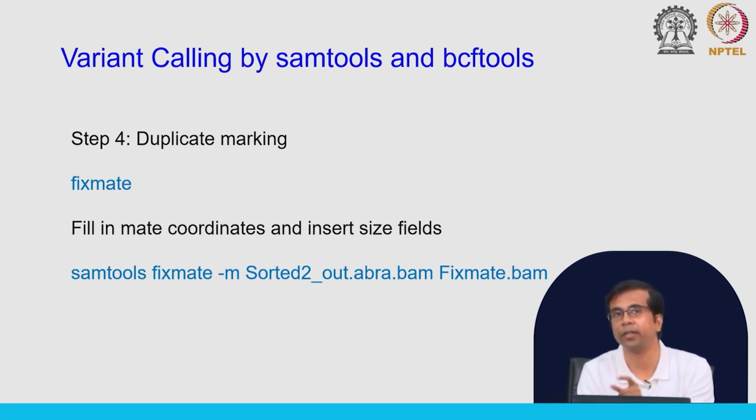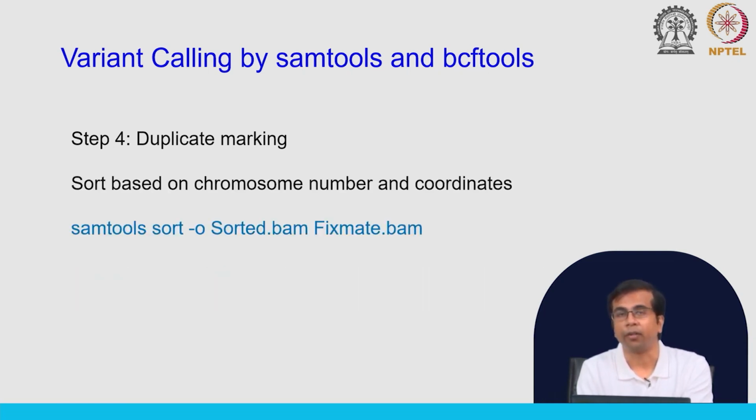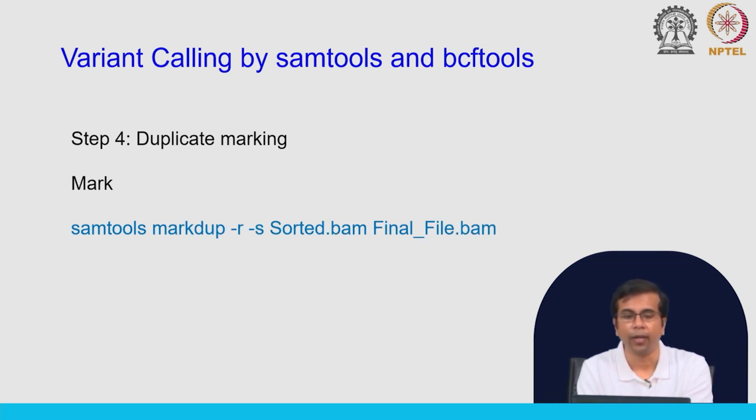It will identify the mates, fill in the mate coordinates and then calculate the insert sizes, etc. Once this is done, we have to again sort based on chromosome number and coordinates, because duplicates will be identified by their positions in the reference sequence. As we have discussed, they should start at the same position and end at the same position. And finally, the actual marking, with the markdup command that we can execute.